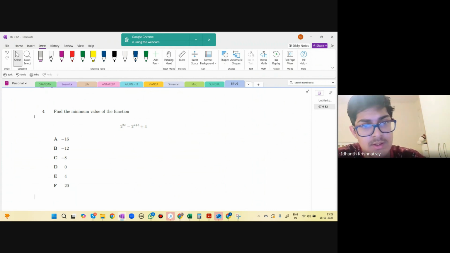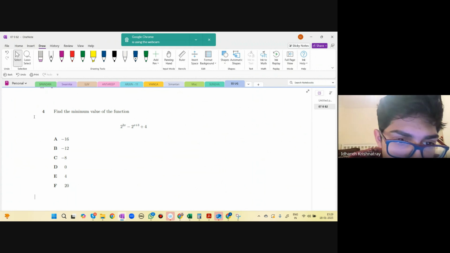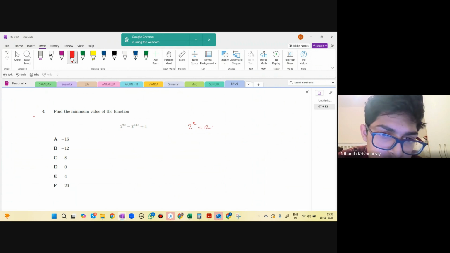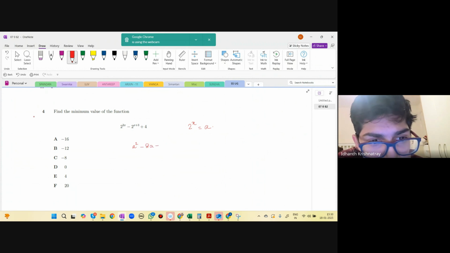Okay. So you can change the second term into 8 multiplied by minus 2 to the power of x, and then change minus 2 to the power of x equal to y and solve the quadratic equation. Yes. So a square minus 8a plus 4. This is my function.